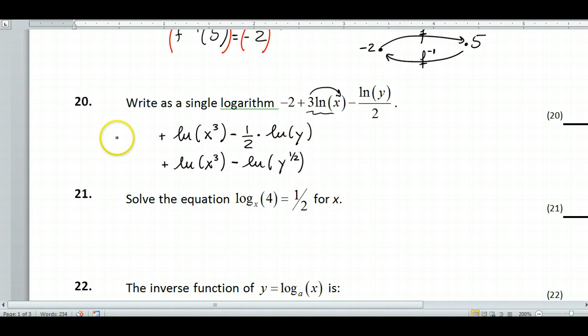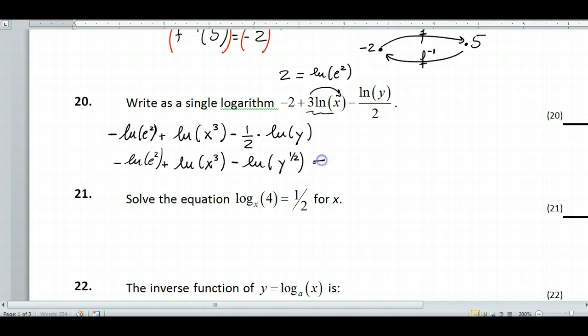Well, how do you write 2? 2 is the same as ln of e squared. I'll leave the negative sign out. I didn't have to, but I'll show you why. So this is ln of e squared.